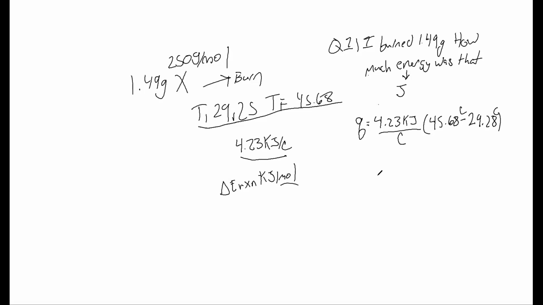The amount of heat, in this case, that was absorbed by our bomb was 69.37 kilojoules. Or if I'm going to do sig figs, 69.4 kilojoules. That was absorbed by the bomb.